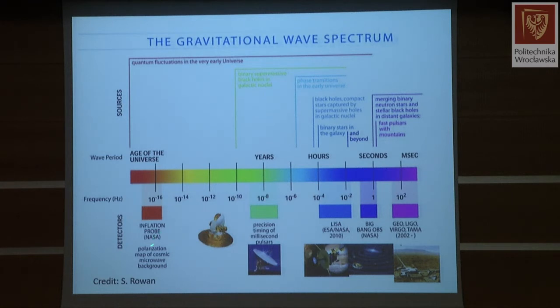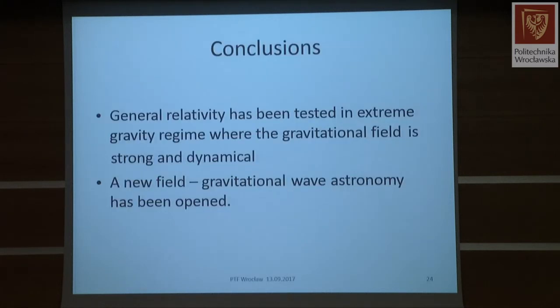There was this announcement by BICEP2, but it turned out to not be accurate, and you have only upper bounds from this. Okay, so finally, the conclusion is that general relativity has been tested. So far there are no deviations from general relativity, and of course, we have a new field, gravitational wave astronomy.